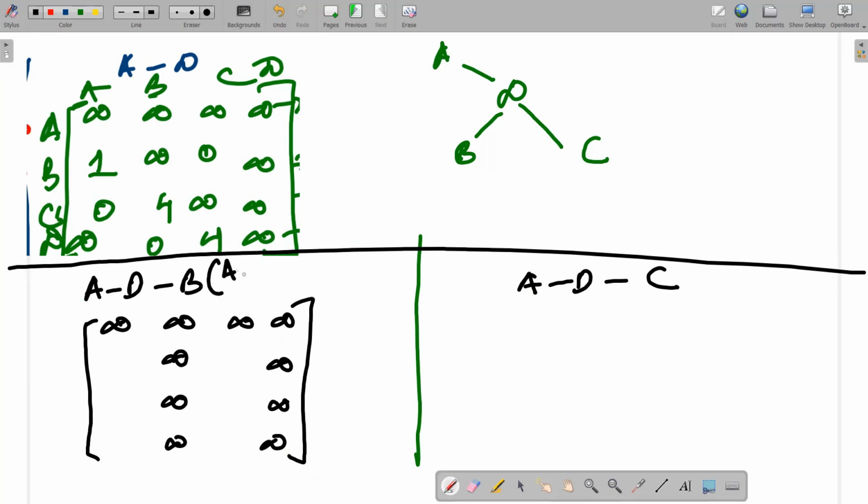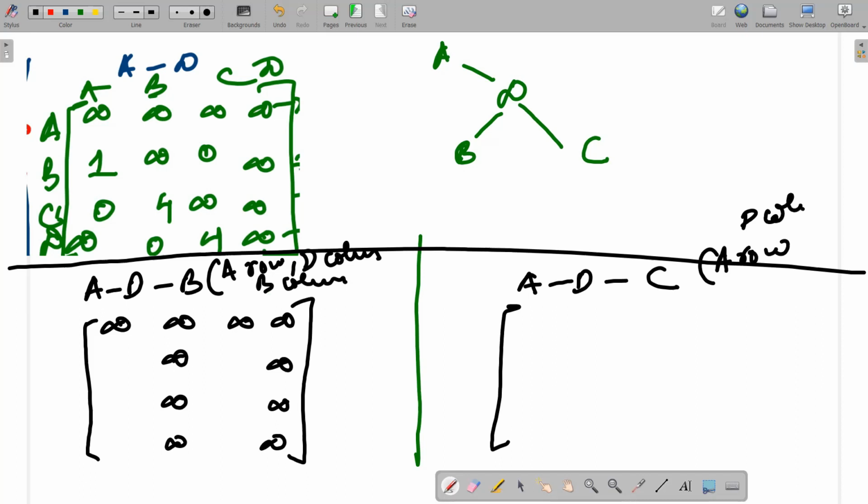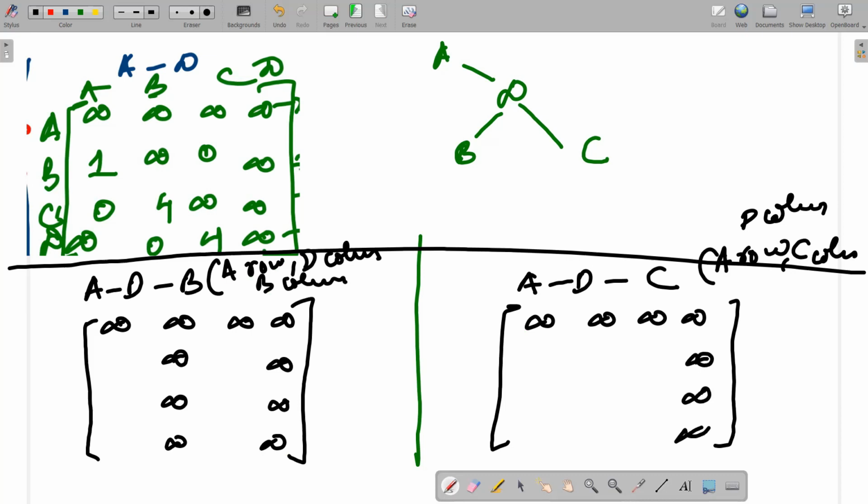Again, I repeat, A row, D column, and B column. Same applies over here: A row, D column, and C column. Right? Done.